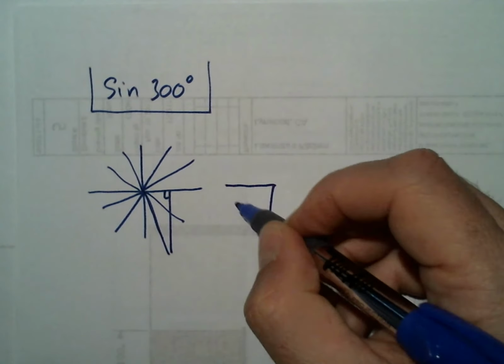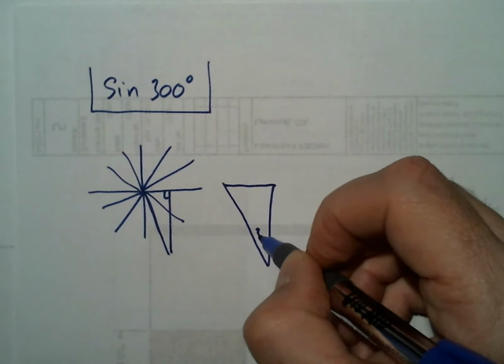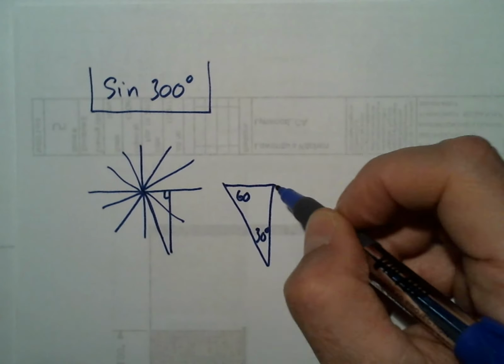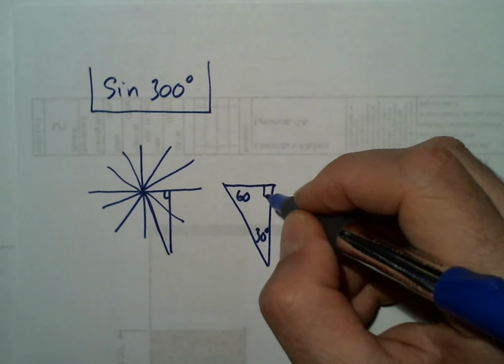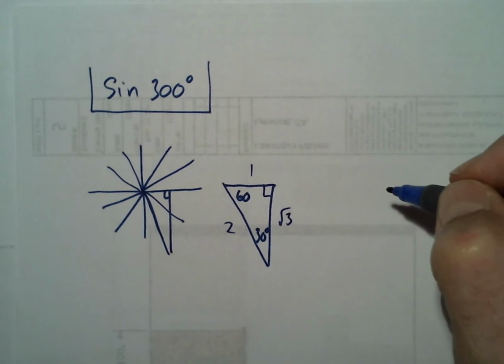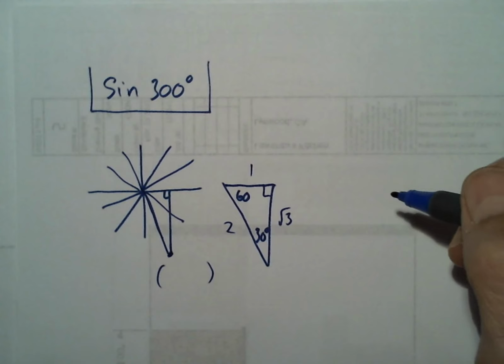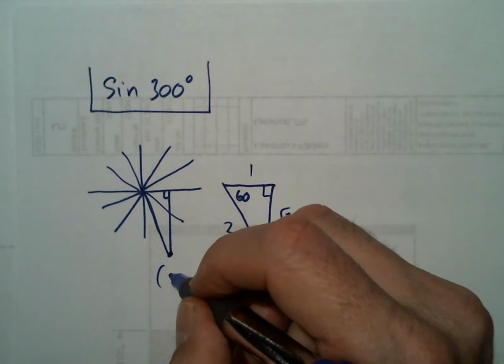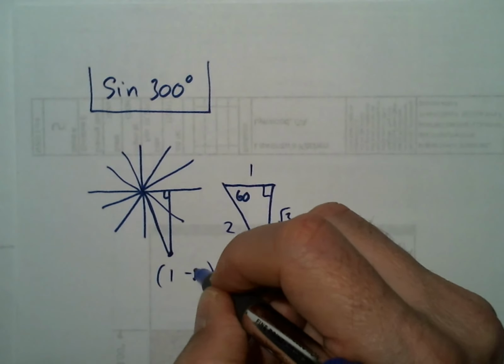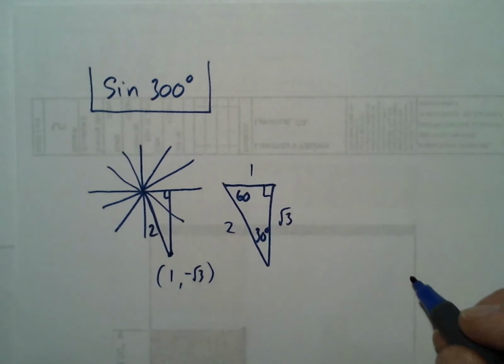And then if we look at a 30-60 triangle, there's the 30 and there's the 60, we know that it's a 1, 2, radical 3. So we know that the point is going to have the x is positive 1 and the y is negative radical 3 with a radius of 2.